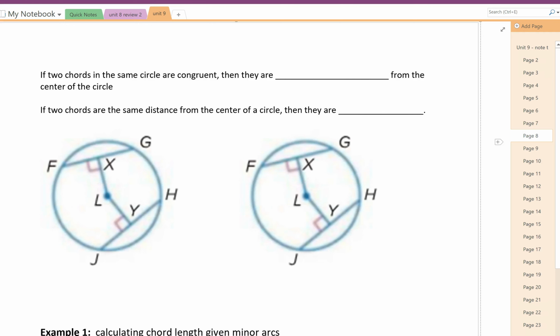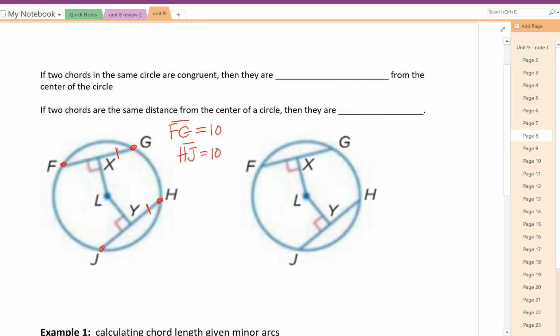If two chords in the same circle are congruent, so let's say that FG and GH are congruent. In other words, let's say FG is 10 and HJ is also 10.